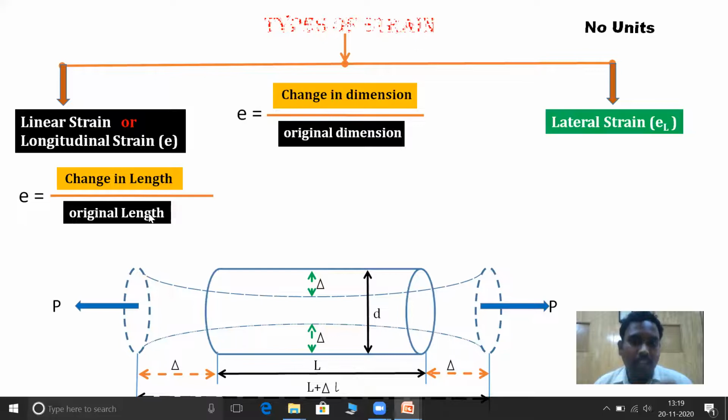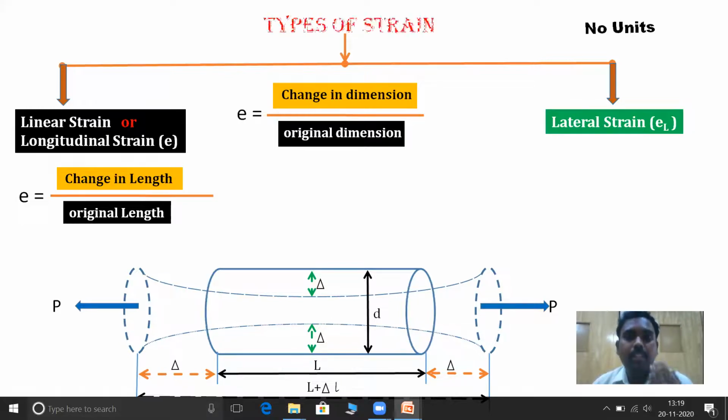Students, one thing I want to stress is, if anyone asks you the definition of a strain, you are supposed to tell it as change in dimension to original dimension. Understood? You are supposed to use this word dimension, change in dimension to original dimension, when you are asked the definition of a strain.